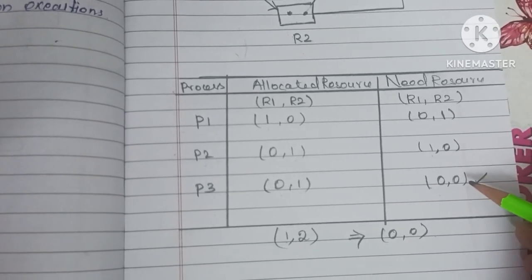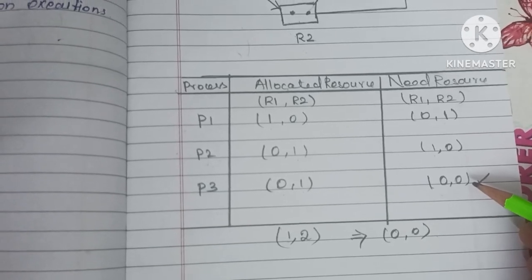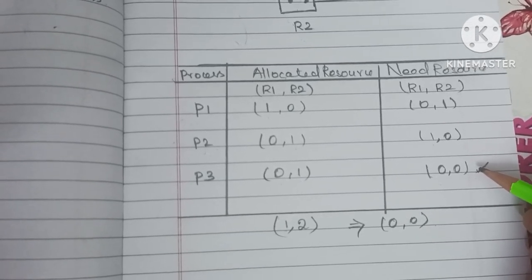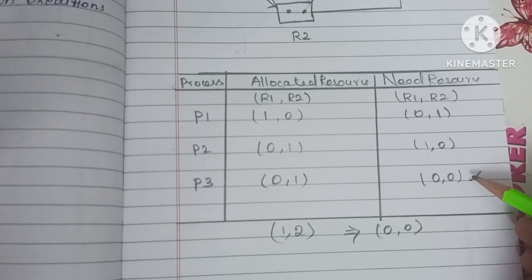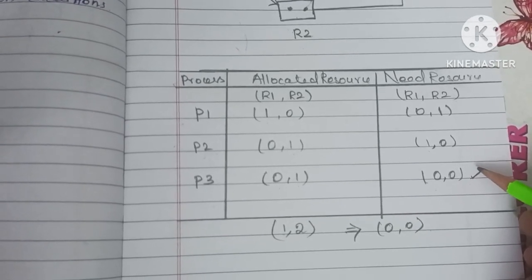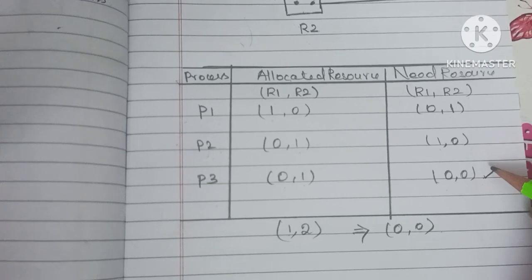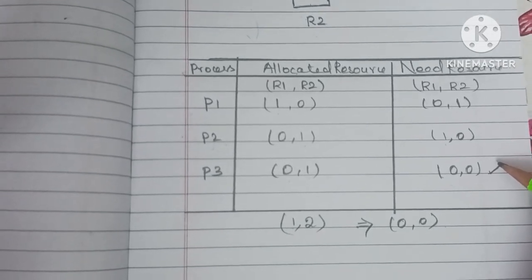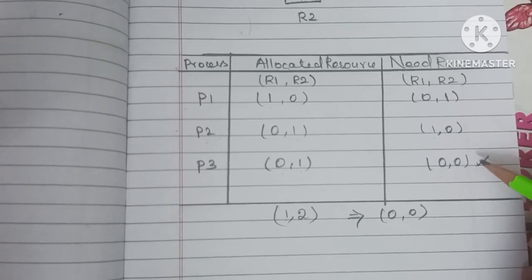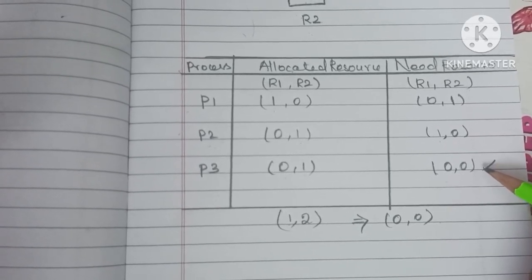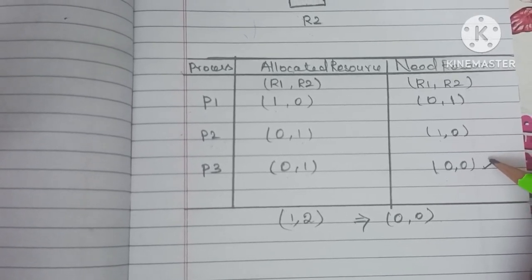Why I am saying this: if we want to execute the process P3, it does not need any kind of resource. The resource R2 is already allocated to the process P3, so to complete its execution it does not need any additional resources. So with the availability of 0, 0, we can execute the process P3.